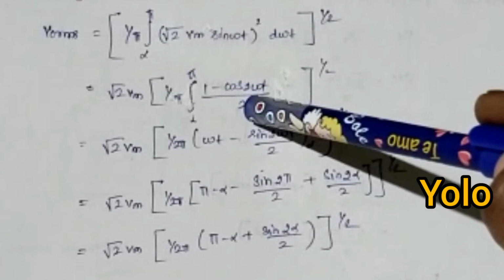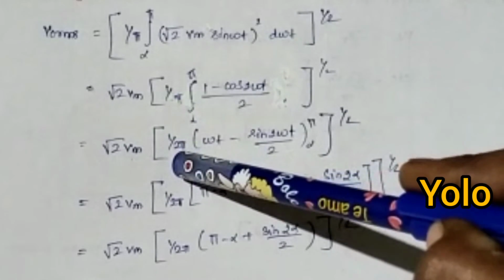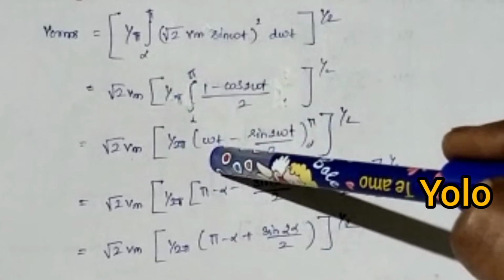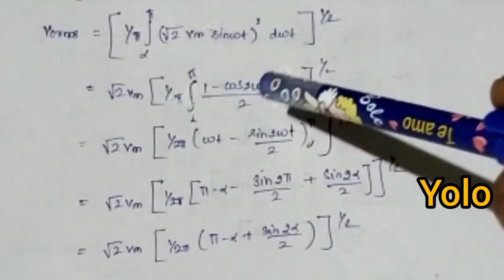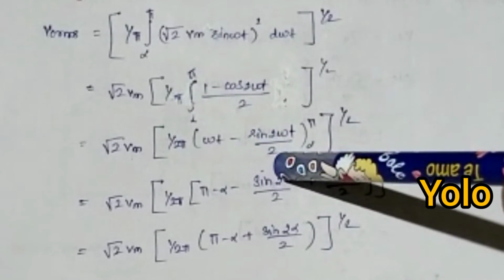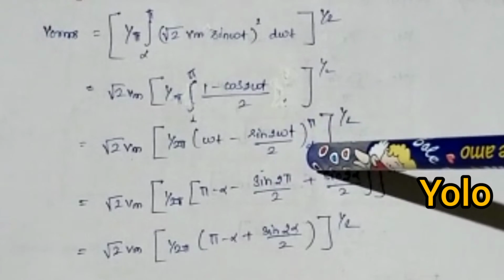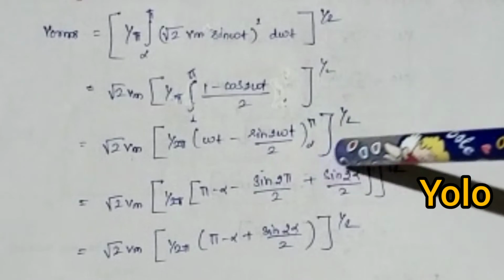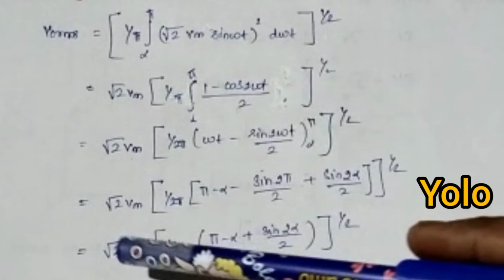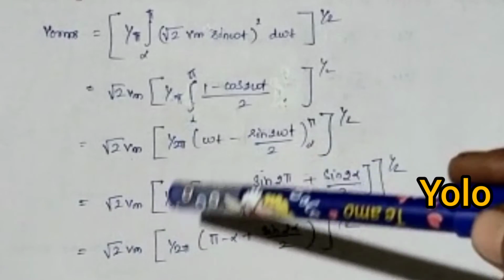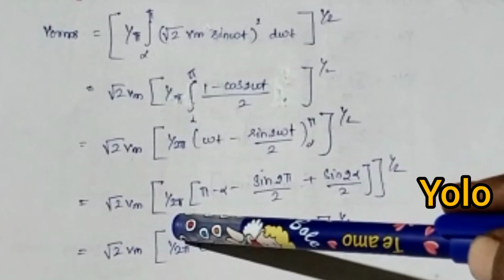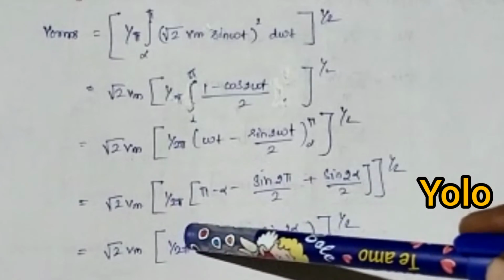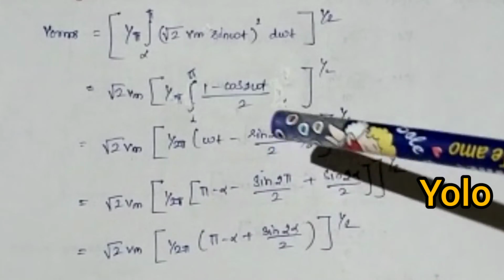So next step, root 2 Vm. In the integration we can take 2 from this side. So integration of 1 equals omega t, integration of cos 2 omega t is sin 2 omega t divided by 2, to the limit alpha to pi, to the power 1 by 2. So root 2 Vm, we can further simplify these equations, 1 by 2 pi. So we can substitute upper limit minus lower limit.